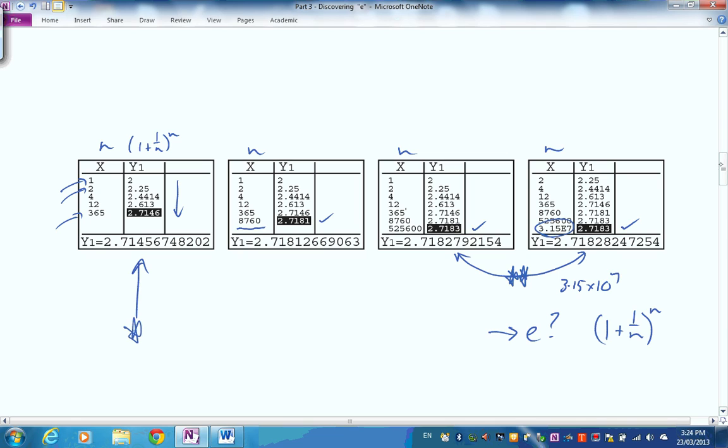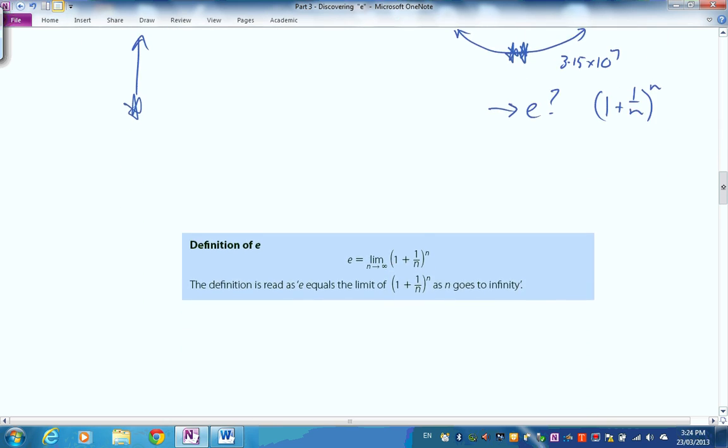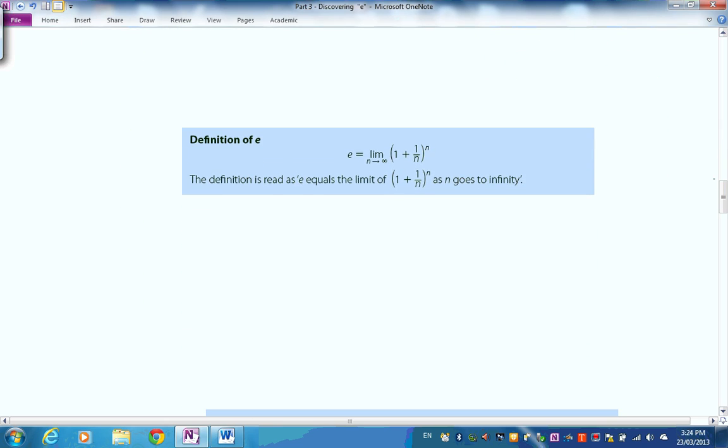All right, let's come down and have a look, and here's the definition of e. I've already given this to you just now, but coming from Pearson's, we say e is the limit as n tends to infinity of this expression. It is saying that as you calculate this for bigger and bigger values, it's zeroing in on an actual number.